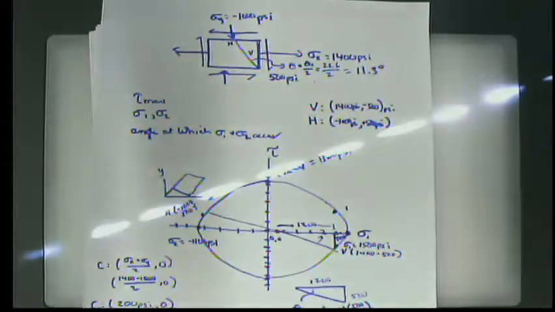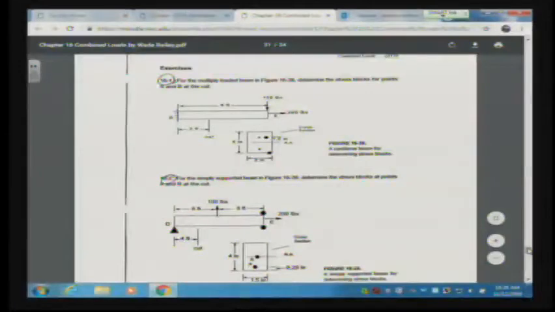All right, so what we're going to do is to break out the first part of the homework, and then on Wednesday we're going to come back and we're going to talk about combined loads, okay? And I'm looking at the homework at the end. We will end up doing all of these problems, okay?